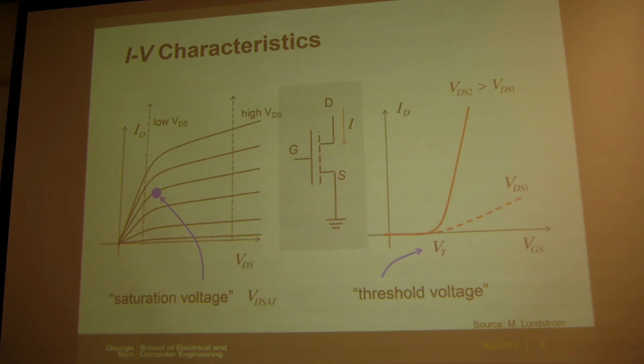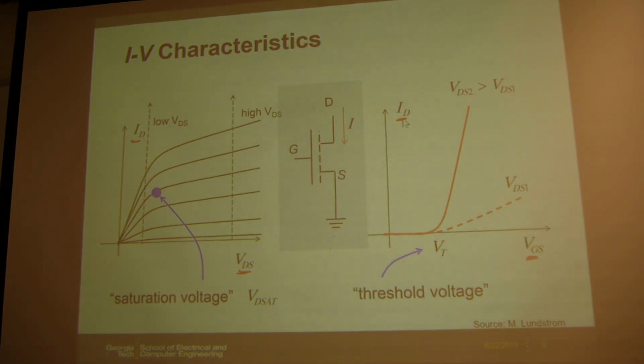And then you should be familiar with those IV characteristics for the MOSFET. There are two kinds of IV. One is ID versus VD. This is also the output characteristics of the transistor. And then we have the ID versus VG. This is called the transconductance, the transfer characteristics of the transistor.